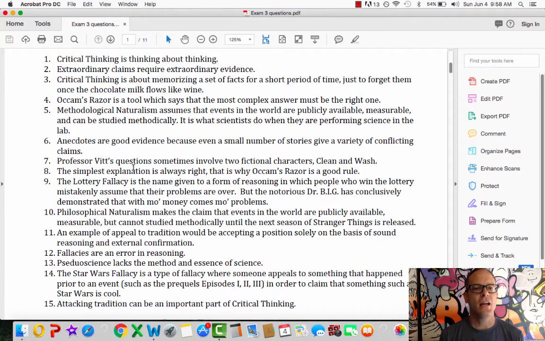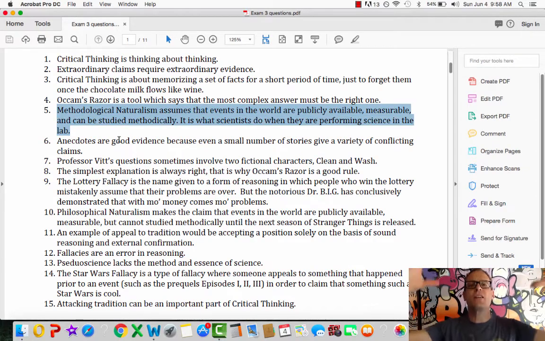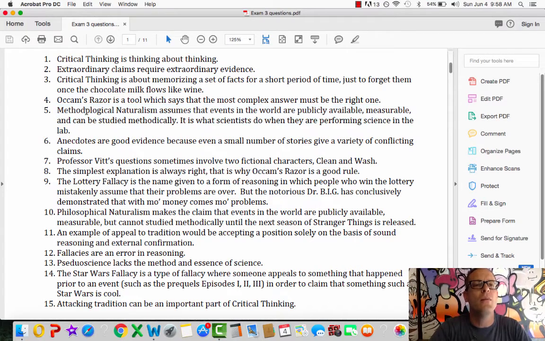All right, number 5 and number 10 are related. Number 5 is asking you about methodological naturalism, and number 10 is asking you about philosophical naturalism. Well, let's talk about them briefly. Remember, methodological naturalism, the root of that word is right here, method, meaning to do.